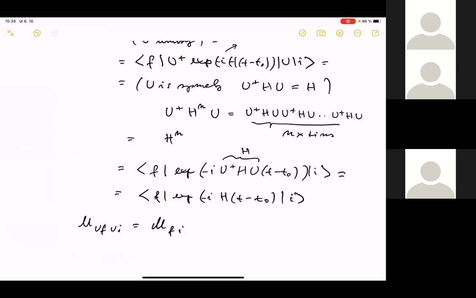That means the probability amplitude of the transition from the state I to the state F and of the transformed state I to the transformed state F is the same.